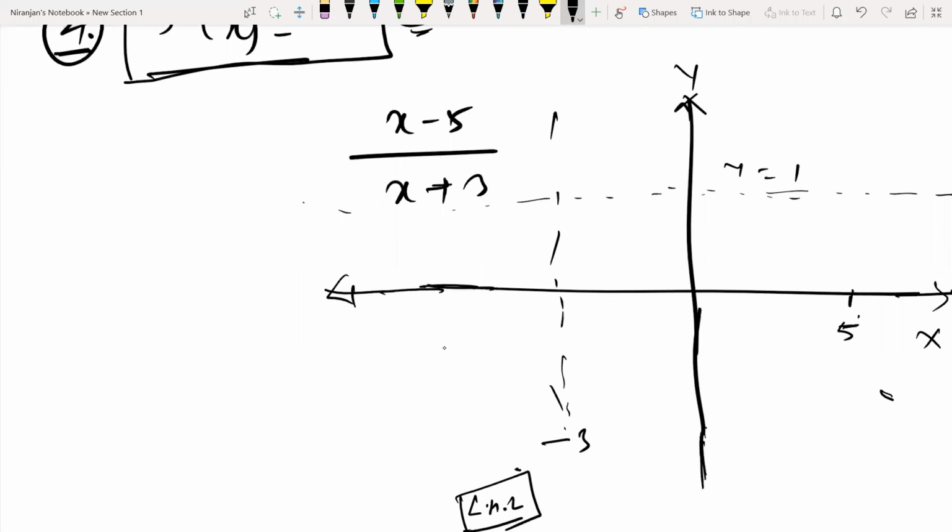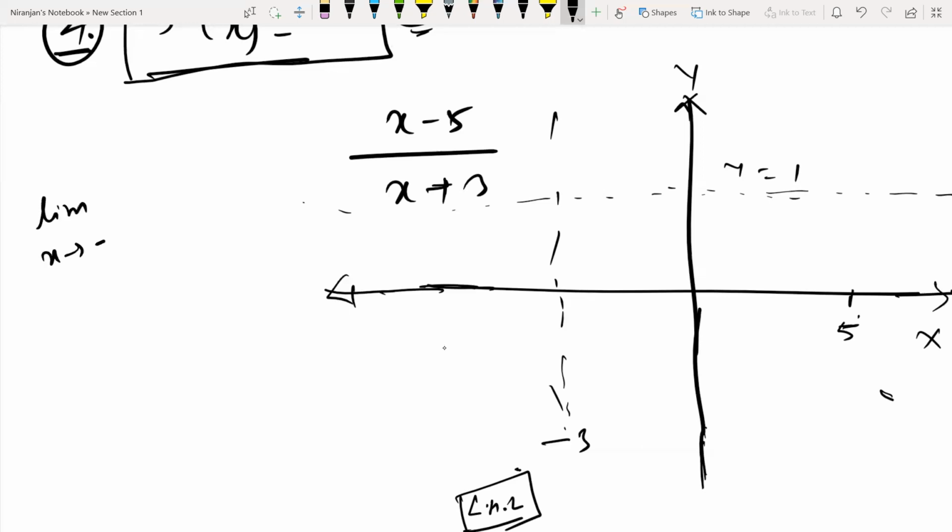You need to calculate the limit at plus infinity, minus infinity, and at minus 3, both sides, LHL and RHL. Tell me the values. Let me write that, Nitya.